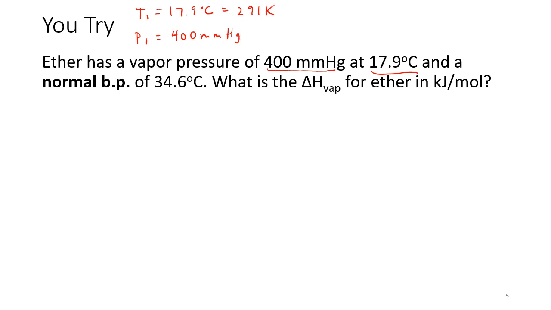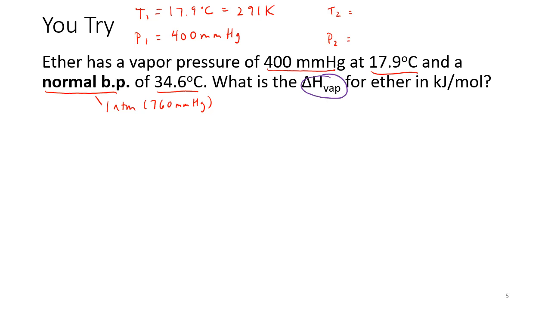If we're going to calculate the enthalpy of vaporization, delta H sub vap, we need to know T2 and P2 as well. By them telling us the normal boiling point of 34.6 degrees Celsius, we can figure out what T2 and P2 are. Normal boiling point is the boiling point that's measured at 1 atmosphere pressure, which is 760 millimeters of mercury.